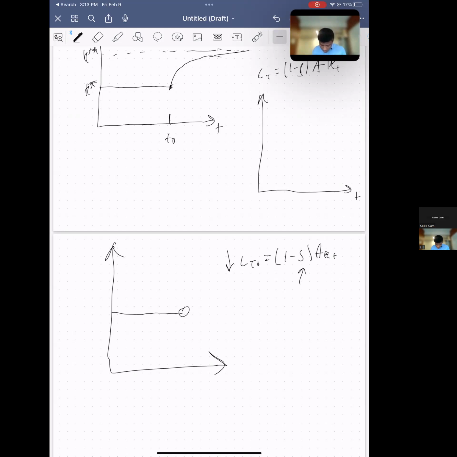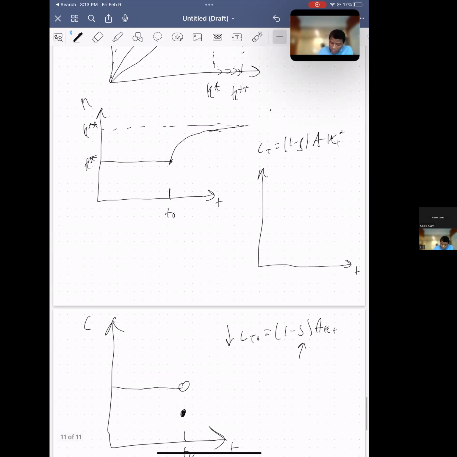Okay, so start at t0, we are going down. Okay, now what? Now we know, look at our KT, it's going up.